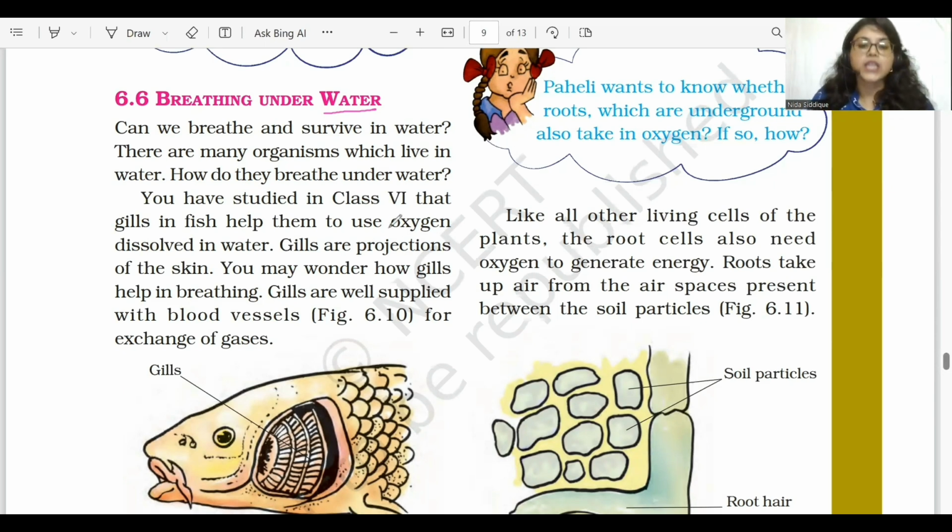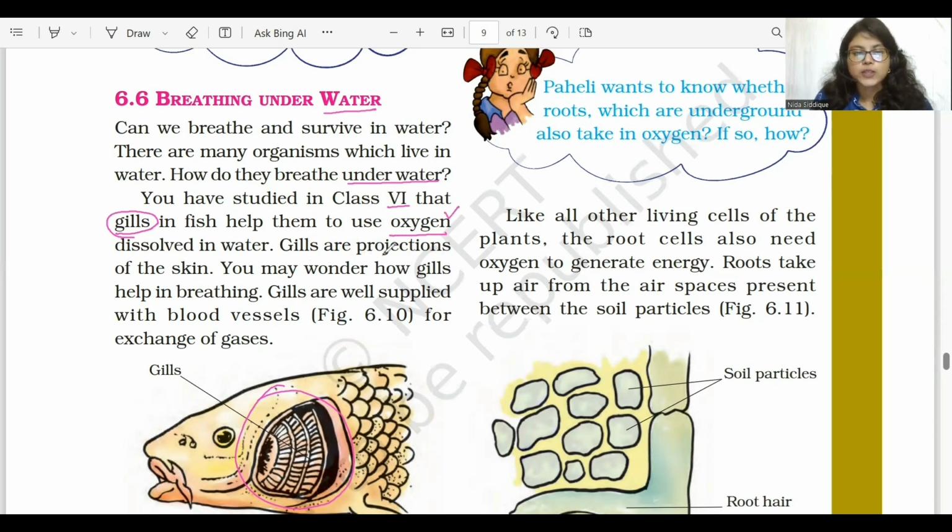So how do they breathe underwater? Let's understand this. We have already learned in class 6 that gills present in fishes help them to use oxygen which is dissolved in water. Oxygen remains in dissolved form in water, and the fishes have this set of gills which helps them utilize this oxygen from the water.